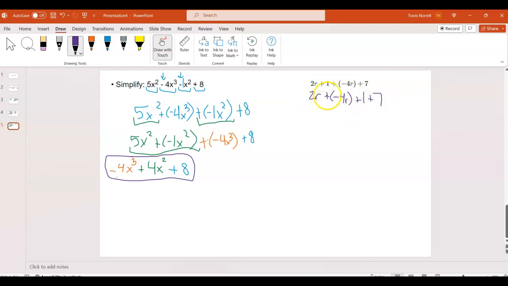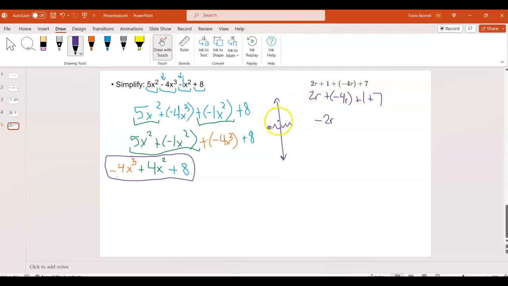So 2r plus negative 4r should give me negative 2r because my signs are different, so I'll subtract the numbers and keep the negative sign because 4 is larger than 2. And again, if that's confusing to you, think about a vertical number line where the water level is 0.